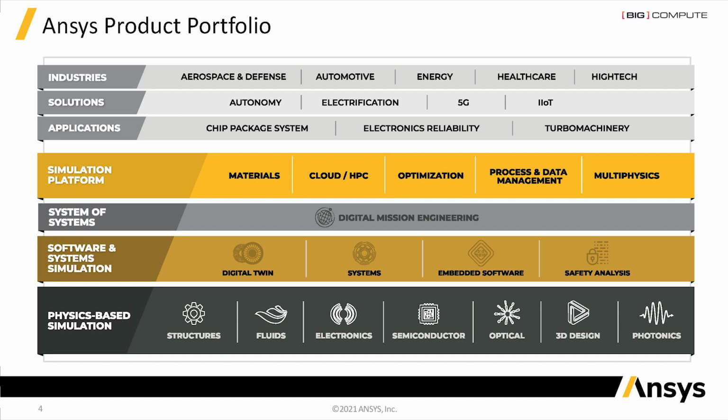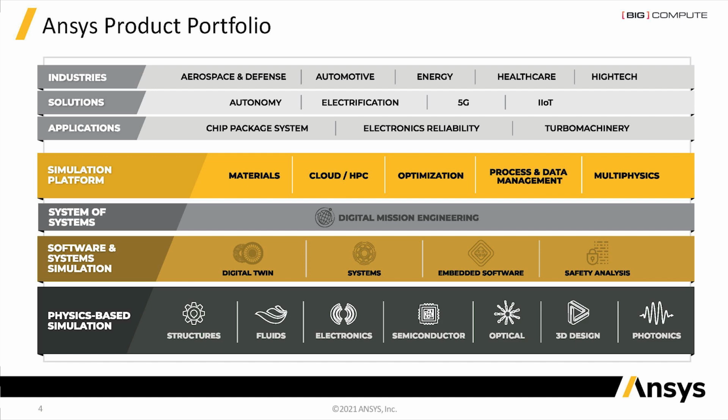And on top of those physics simulations, we have software simulation capabilities using tools such as SCADE for embedded software, medini for safety analysis, and Twin Builder for digital twins. And then we have platforms such as Granta for materials and optiSLang for optimization, and we do all of these multi-physics simulations on top, leveraging HPC on the cloud.